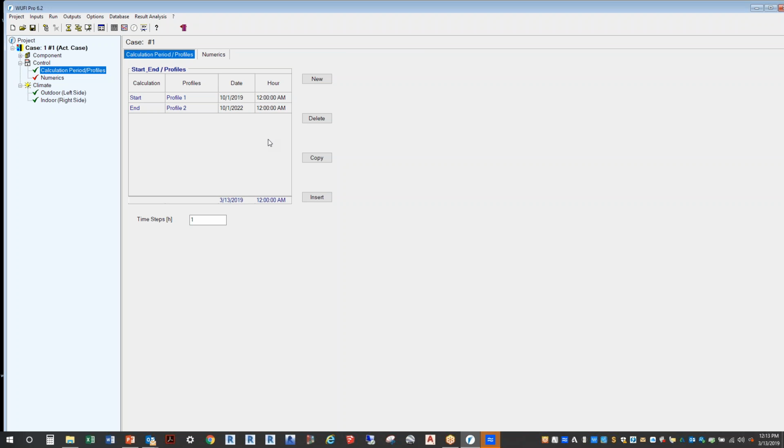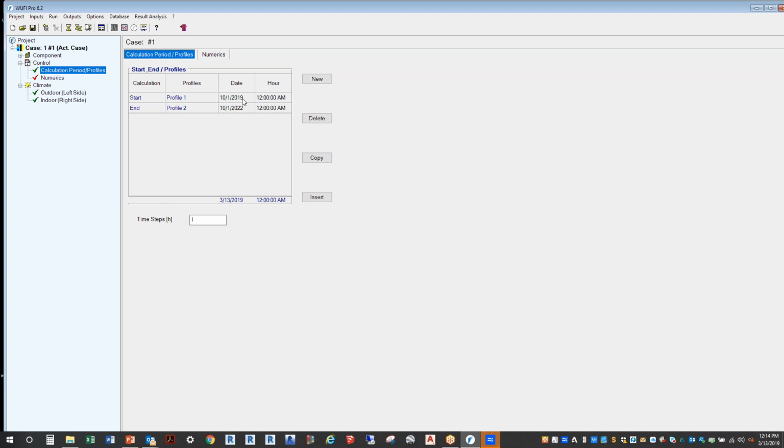Oh, wow, okay, so I did 20 years. And by the 20th year, the moisture content in the plywood was at mold decay levels. But it took almost 20 years to get there. So that's why you have a start calculation period and an end calculation period.